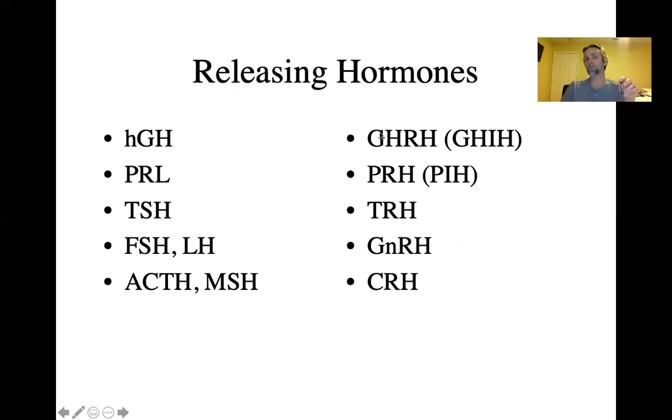So growth hormone releasing hormone, GHRH, goes to the anterior pituitary and causes it to release HGH, or just GH. PRH, prolactin releasing hormone, goes to the anterior pituitary and causes it to release prolactin.